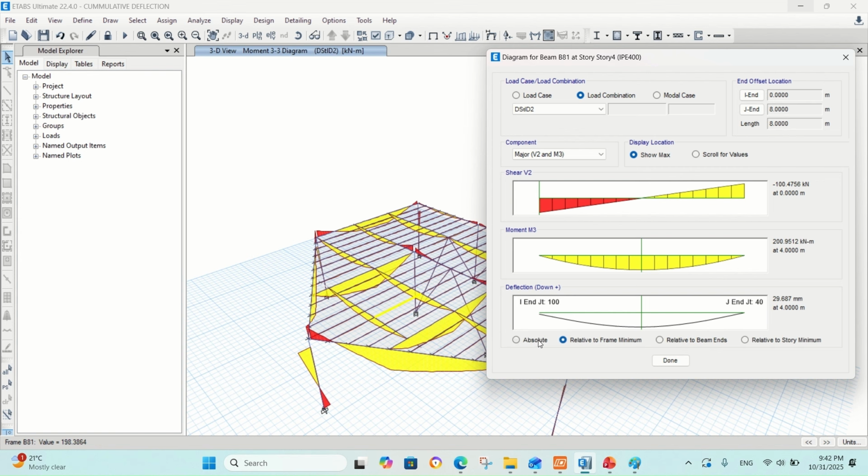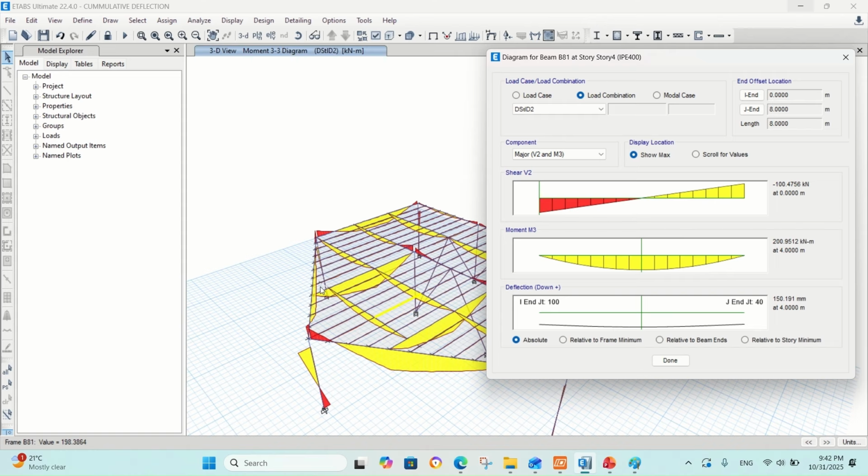So we can see that this number is close to the relative to the beam ends. However, the absolute value will be much larger, because this beam will deflect for sure. Firstly, this beam will deflect. At the ends, these beams will deflect, and the supporting beam, this one, will deflect, and finally these 28-meter beams will deflect at the midspan.